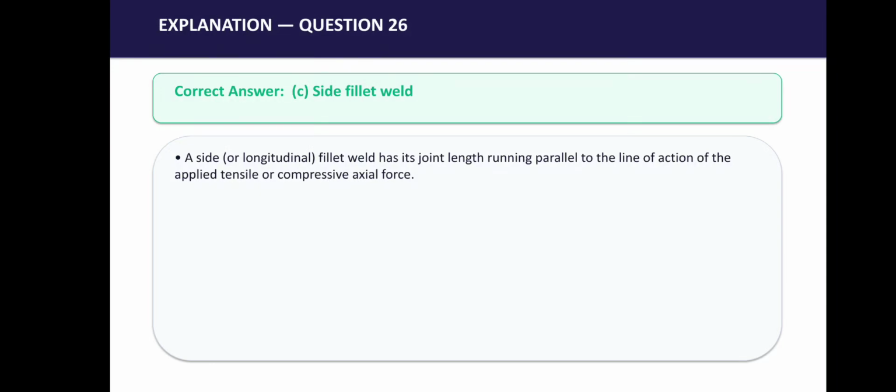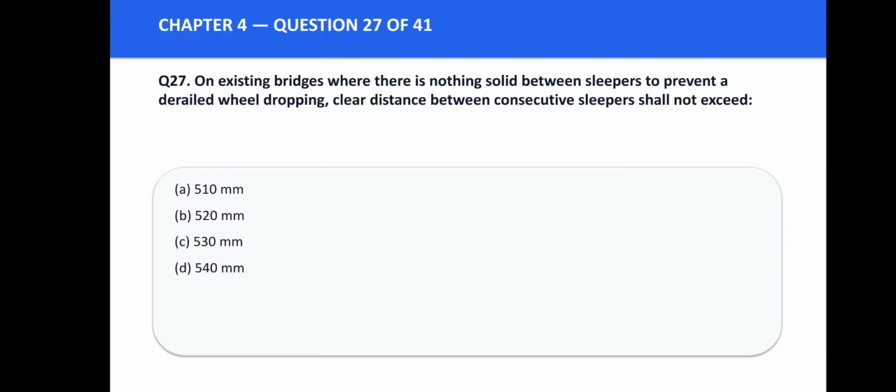Question 27. On existing bridges where there is nothing solid between sleepers, the clear distance between two consecutive sleepers shall not exceed what value? Option A, 510 millimeters. Option B, 520 millimeters. Option C, 530 millimeters.